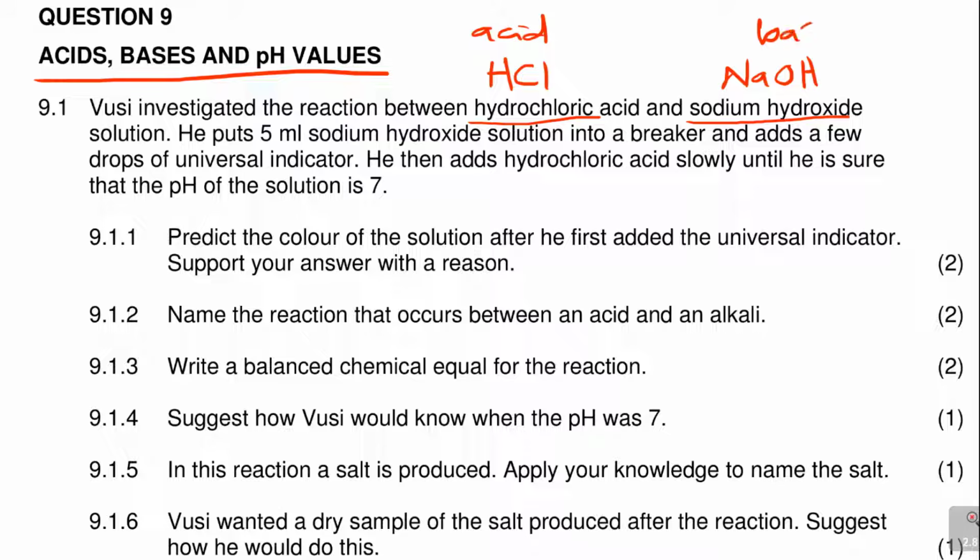You must remember such. That's why they react. He puts 5 ml of hydrochloric acid into a beaker and adds a few drops of universal indicator. He then adds hydrochloric acid slowly until he is sure that the pH of the solution is 7. Predict the color of the solution after he first added the universal indicator.